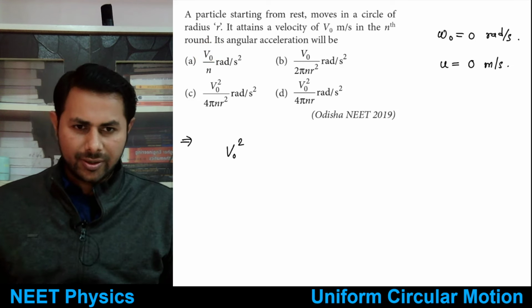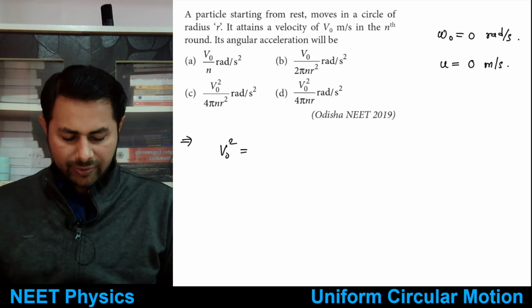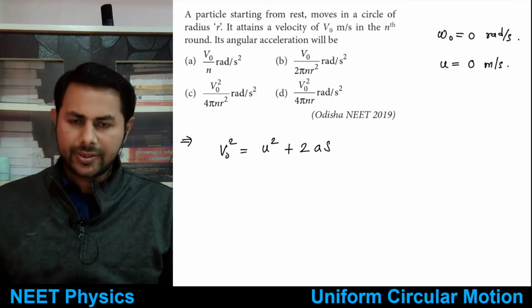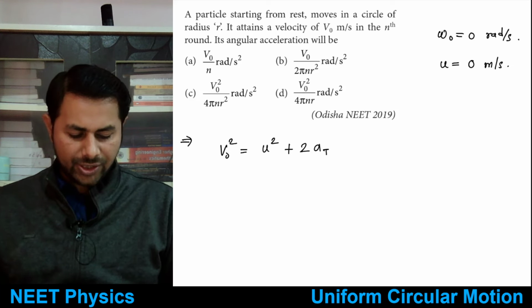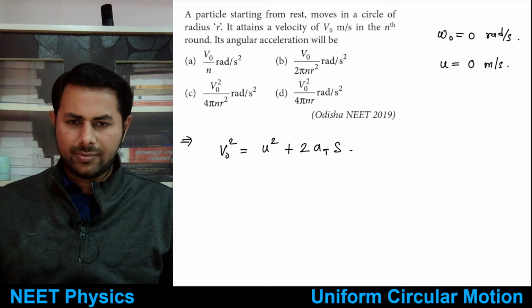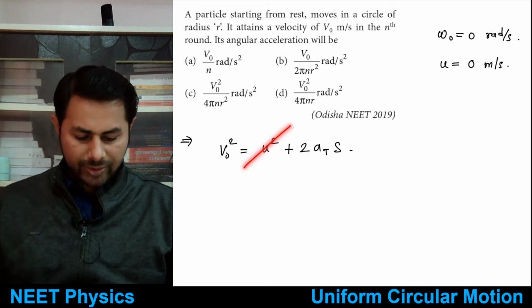Yamini is saying it's option C. So let's check. v square is equal to u square plus 2 times a s. Can we use this? Here a will be tangential acceleration, so 2 times at into s. Can we use this relation? We can use it, right? Initial speed is 0. Selva Kumar is also saying option C.